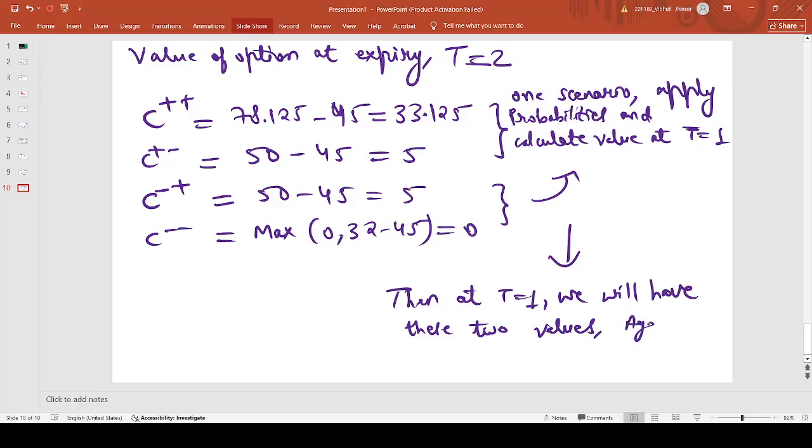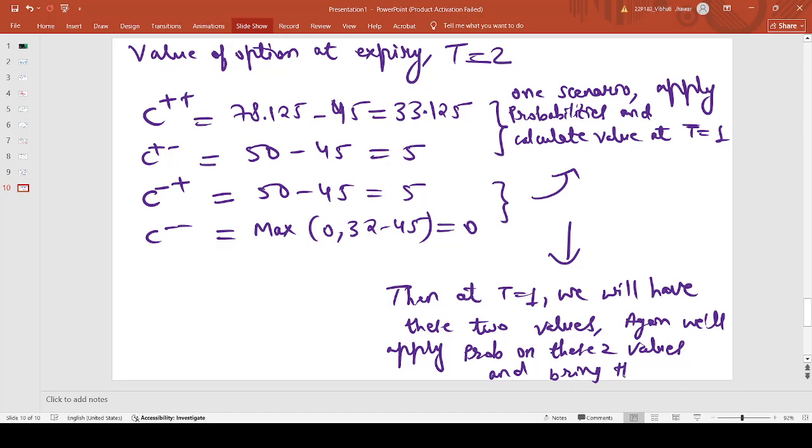Again, we will apply probabilities on these two values and bring them to t is equal to 0. So this is the scene. Now let's do the calculations.